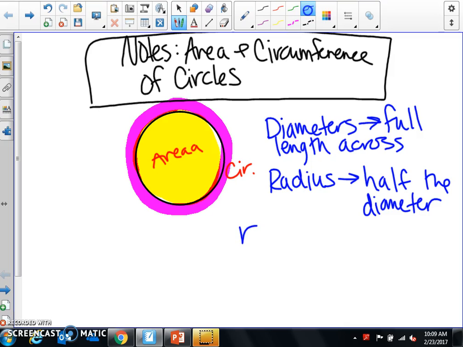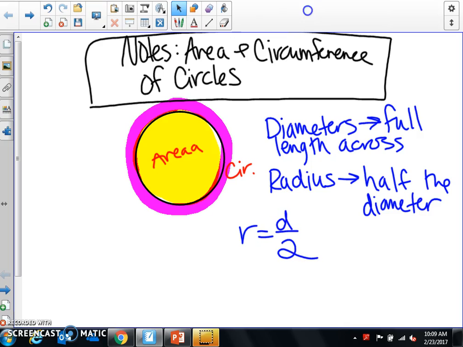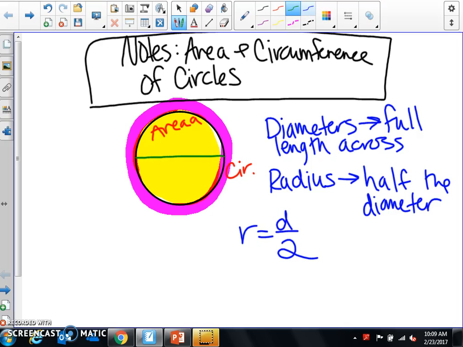So the radius is equal to d over 2. We're going to cut it in half, if we have to, but sometimes they just straight up give us the radius. If you look at the circle, this would be the diameter, full length across. Radius would be like half. Okay, so this is the radius, and this is the diameter.